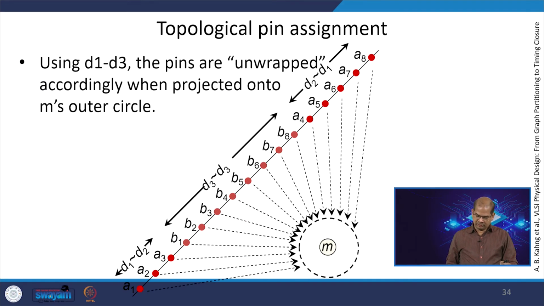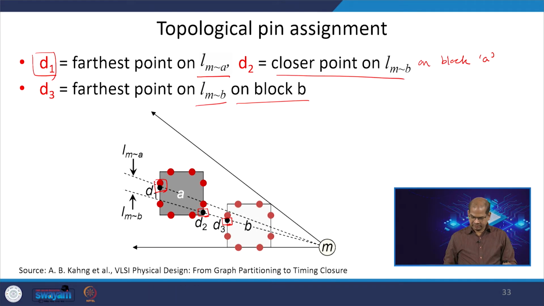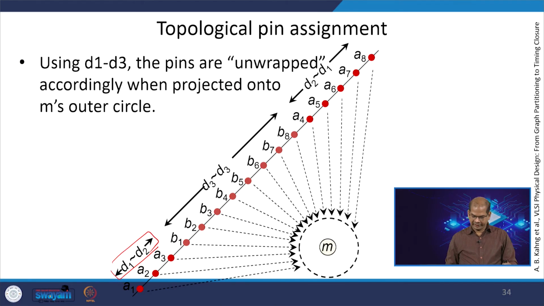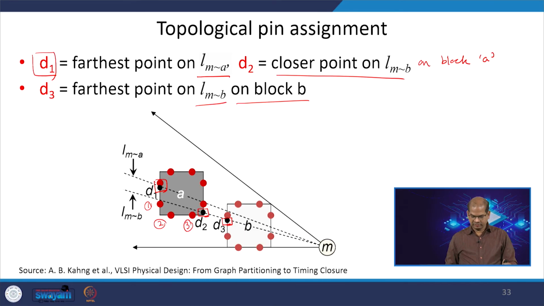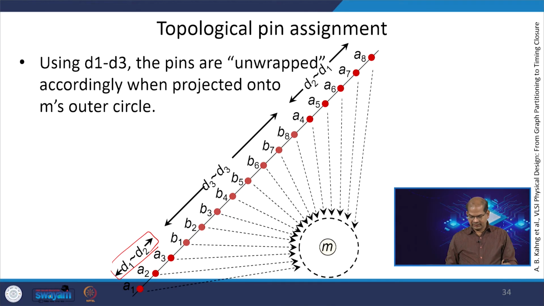So, here is the method. If you can see here, the distance D1 to D2 will have these pins 1, 2, 3 of block A. D1 should have three pins of block A. Now, we have other pins of block A. Other pins of block A will go to the distance D2 to D1.